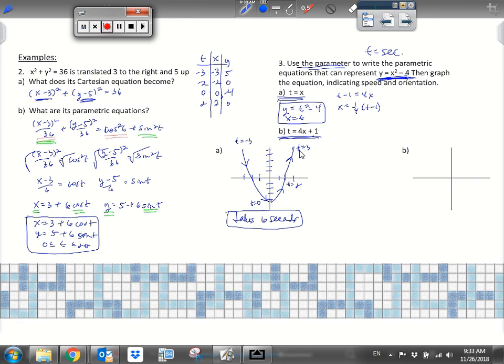So I'm going to have to replace the x in this equation with this 1/4 (t minus 1) thing. So let's do that. So y equals 1/4 (t minus 1) squared minus 4. So I just replace the x in my parabola equation with that representation for x, the 1/4 (t minus 1).